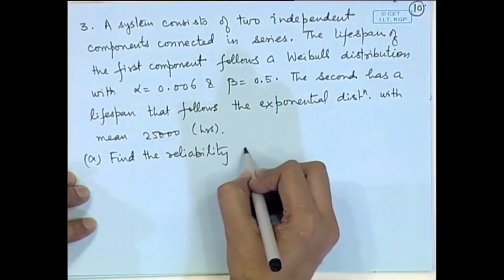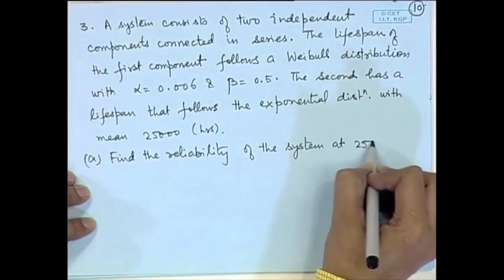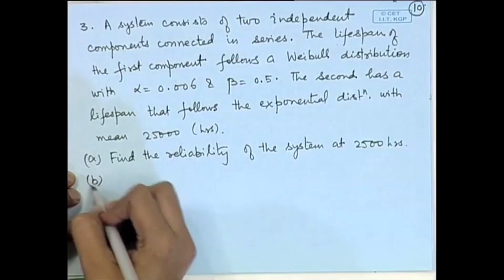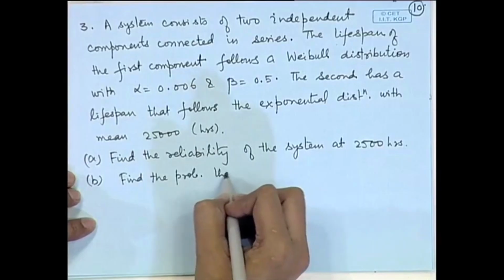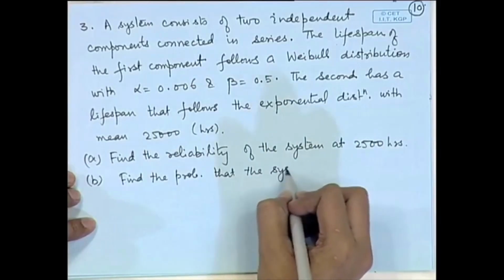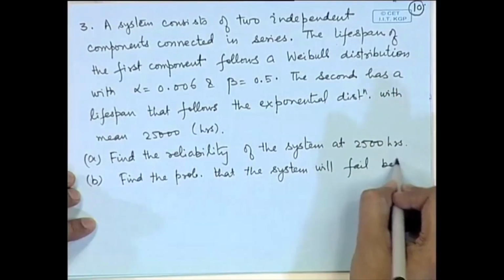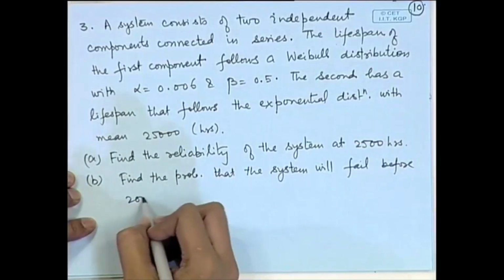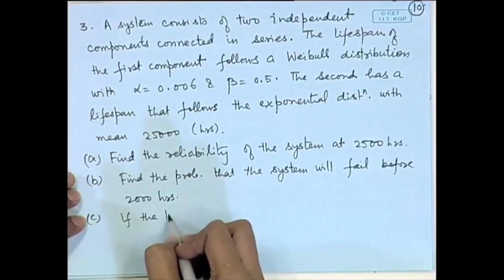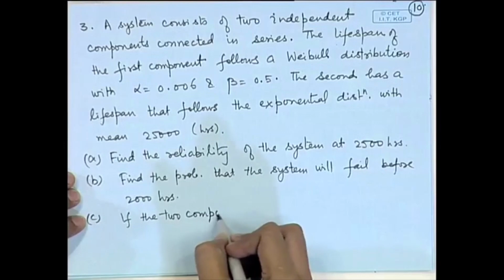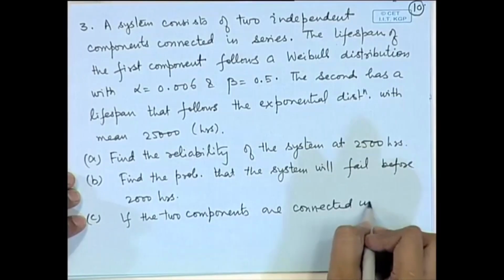Find the reliability of the system at 2500 hours. Find the probability that the system will fail before 2000 hours if the two components are connected in parallel.